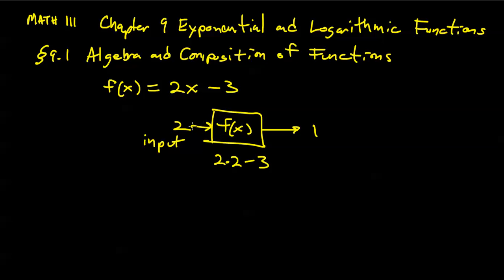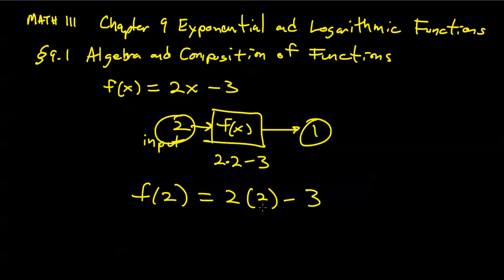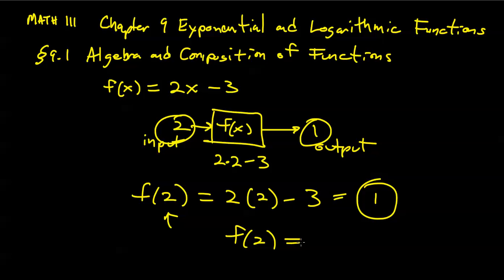So a 2 goes into the f of x machine, a 1 comes out, and we can shorthand this statement like this. f of 2 is really 2 times 2 minus 3. In this function notation, I substitute in for x wherever x appears in that function statement, and 4 minus 3 is of course 1. So 2 is the input and 1 is the output, and we can summarize that in this statement: f of 2 equals 1. Function notation.